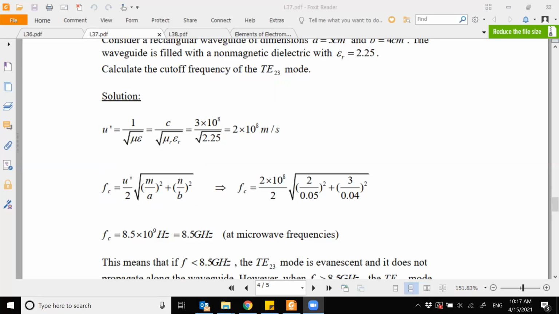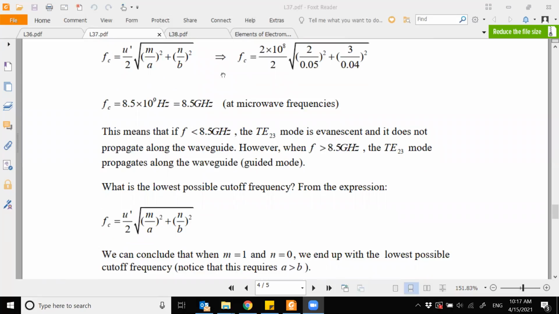Now, what is this 8.5 gigahertz telling you? If my operating frequency F is less than 8.5 gigahertz, that means the TE2,3 mode is evanescent. That means the TE2,3 mode cannot propagate, or I would say it cannot exist in your rectangular waveguide, because the cutoff frequency of my TE2,3 mode is 8.5.